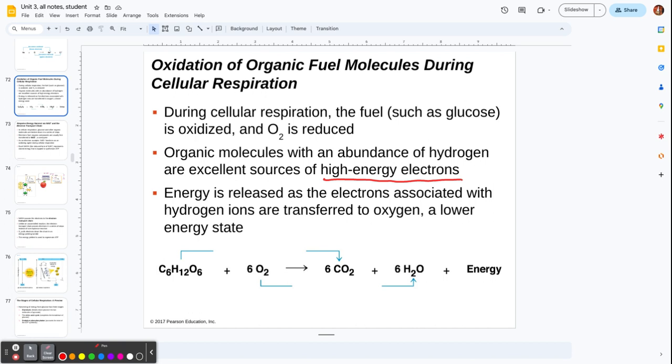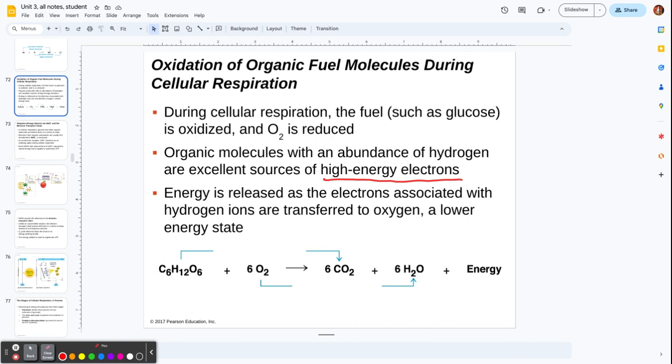The energy associated with the hydrogen ions is released when it gets transferred from one molecule to another and eventually to oxygen. I think there might be a picture of this later.